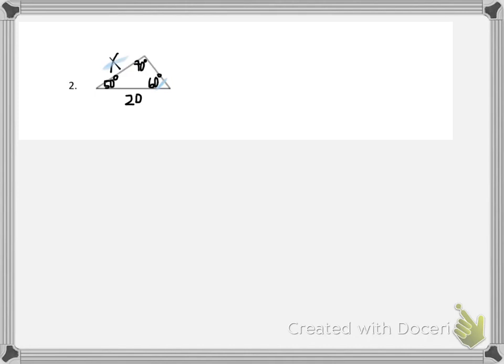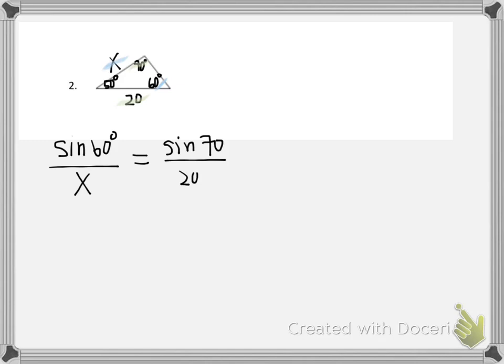So we can say sine of 60 over x is going to be equal to, now I know this side and the angle that is opposite of that one, sine of 70 over 20.